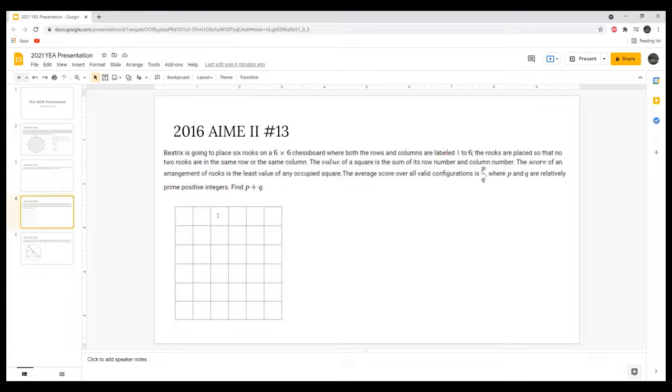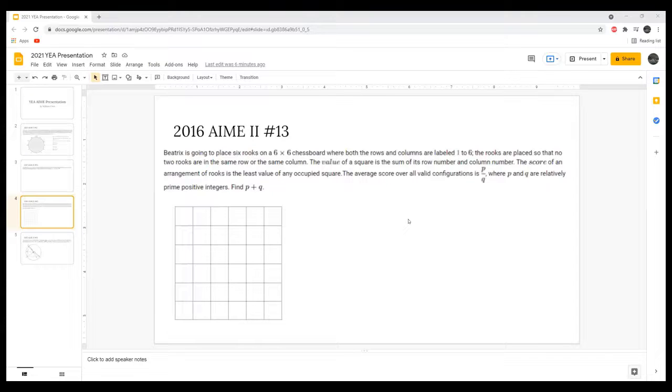All right. So this is 2016 AMC 12 number 13, and this actually seems to be pretty difficult. So Beatrix is going to place 6 rooks on the chessboard, and in chess, rooks attack each other if 2 are in the same row or in the same column. So she wants to place 6 rooks so that no 2 are in the same row or same column.